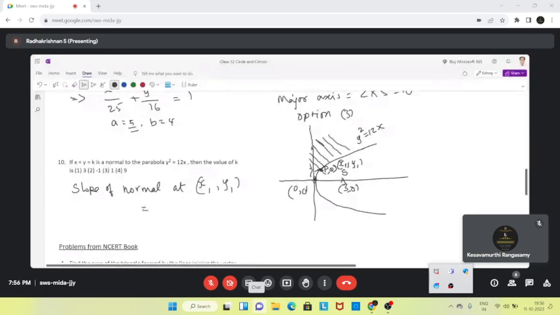What is the formula for the slope of normal? Can anybody remember that? Okay. The slope of normal at x1 comma y1 is minus y1 by 2a. You can easily derive it.